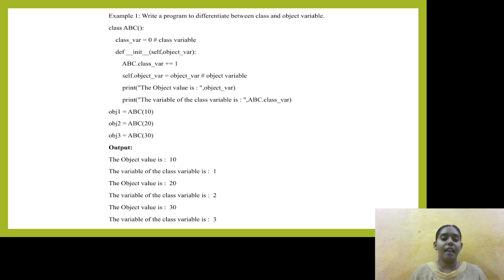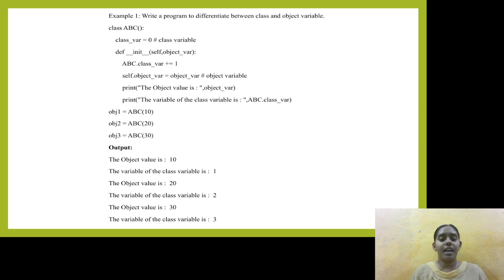We are passing the self argument, and the second argument is object_variable, and ABC.class_var is incremented, and we are creating the object variable self.object_variable equal to object_variable. We are printing the object variable and the class variable. We are creating any number of objects, and we are passing 10, 20, and 30. Here is the output.